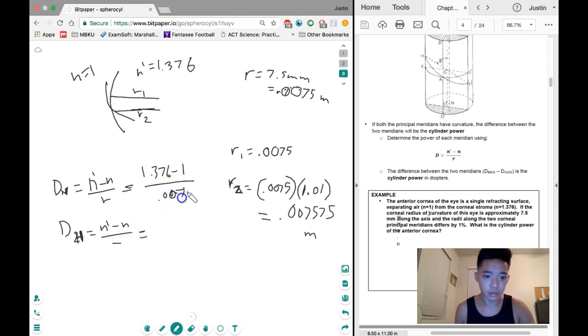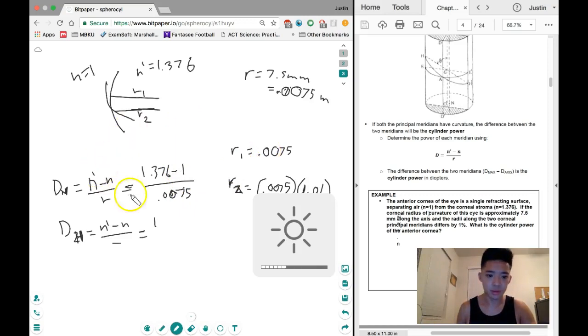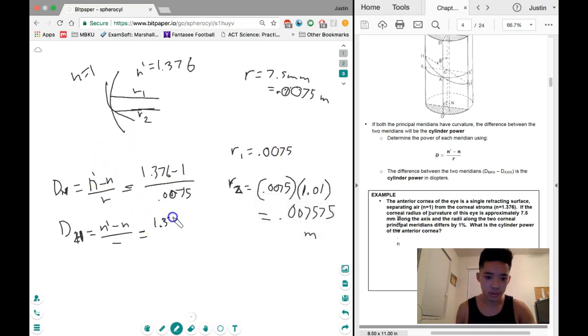So this r is going to be 0.0075. So 1.376 minus 1 over 0.0075. Whatever power this is, it's going to be 50.13-ish.